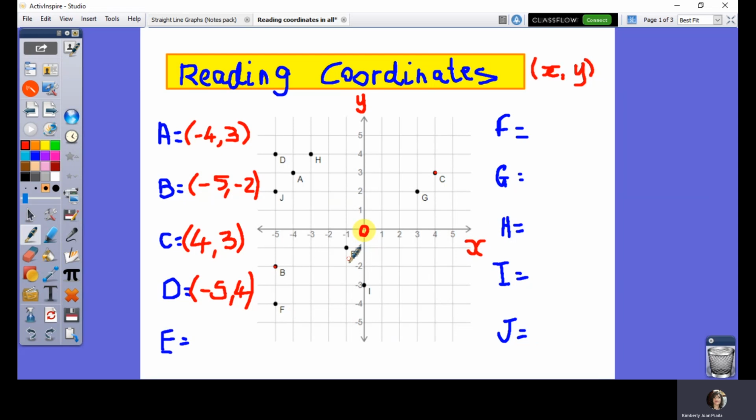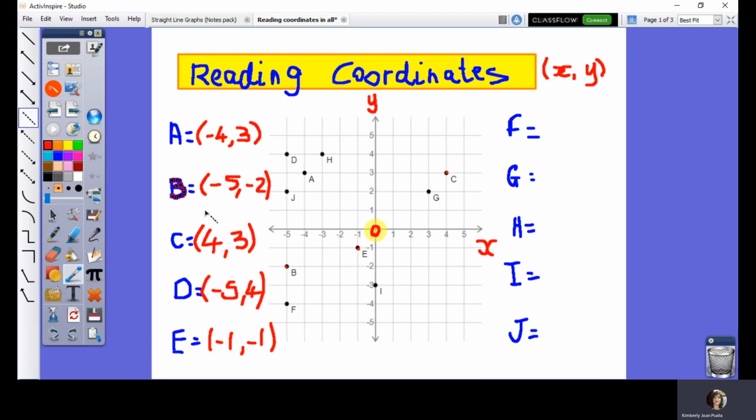Now we have letter E, which is here. First you start from the origin and move along the x-axis, -1 to the left, and then go down 1. Therefore -1 to the left and -1 down. You can check again by using the dotted lines to make it simpler.